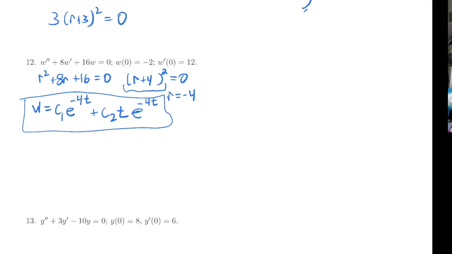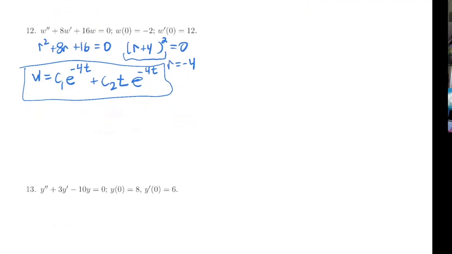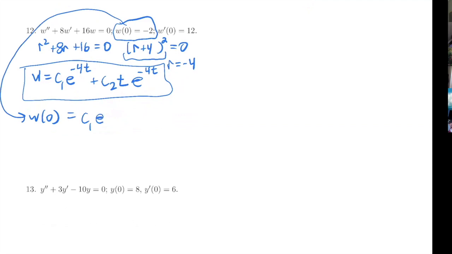Okay, so once you have the general solution, in this case we can plug in 0 and first use this initial condition. If I plug 0 into the general solution, I'm going to get C1 times e to the 0 plus C2 times 0 e to the 0, and that all should equal -2.